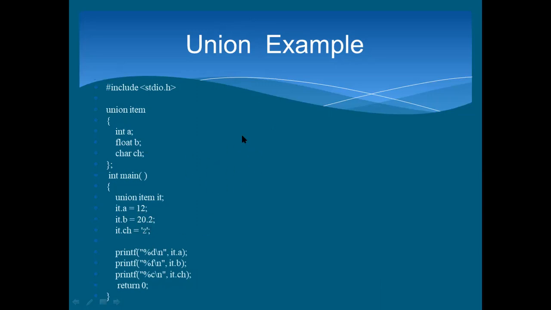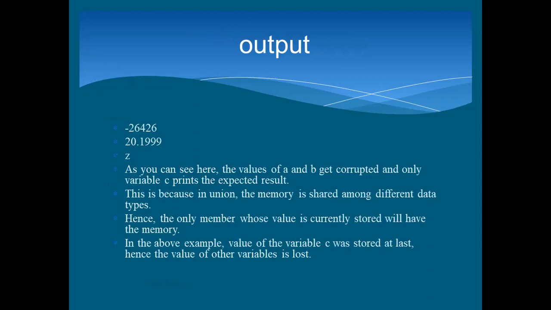Now what data is in the memory? Only the value z is there. If we try to print it.a, we get the value z. As you can see here, the values of a and b get corrupted and only variable c prints the expected result. This is because in a union the memory is shared among different types.